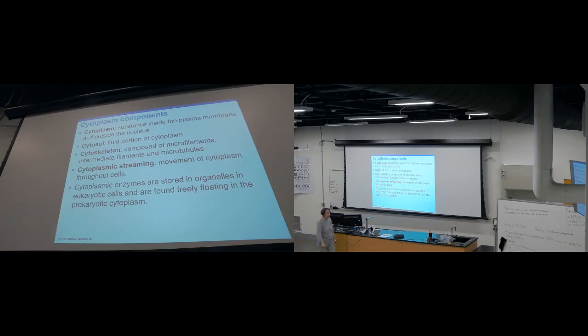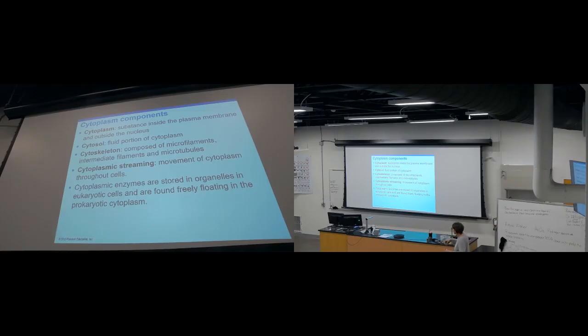Eukaryotic cells have a cytoplasm that has cytoskeletal proteins of different types. So you can have actin, myosin, tubulin. And then the fluid portion of the cytoplasm is called the cytosol. Within this cytosol, you can have streaming to help distribute the nutrients equally, or whatever is found within this cytoplasm.